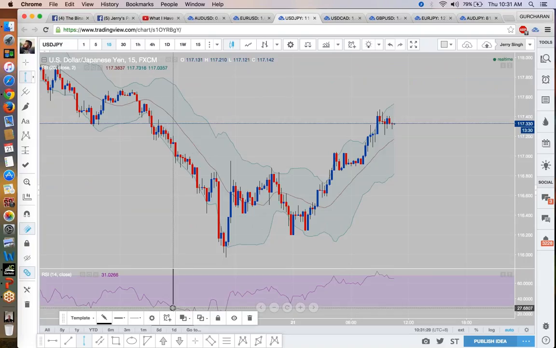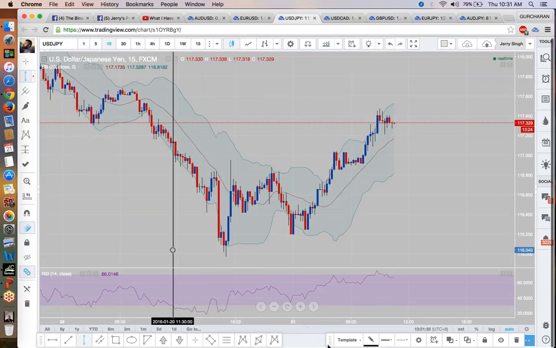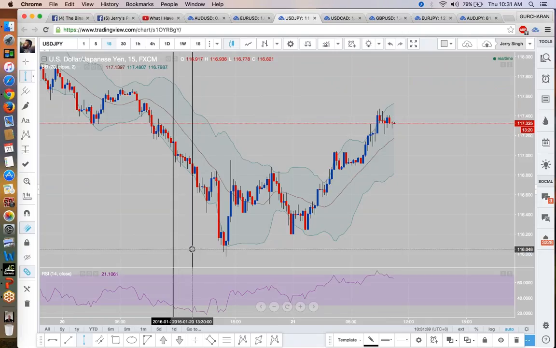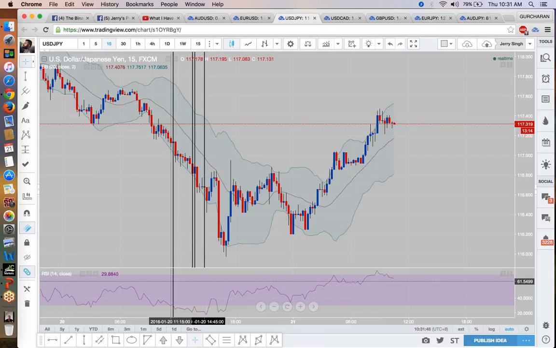It was oversold here, it was oversold here, it was oversold here, it was oversold here. How many times have you taken a trade like this and lost it? Countless number of times. This happens to you every damn day.